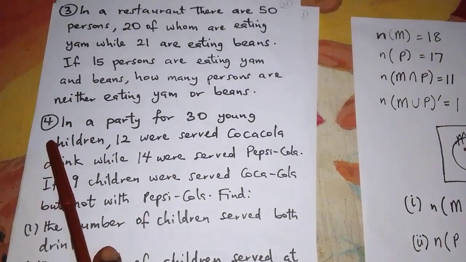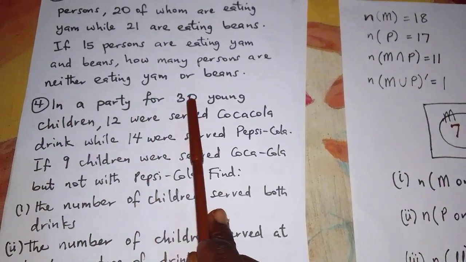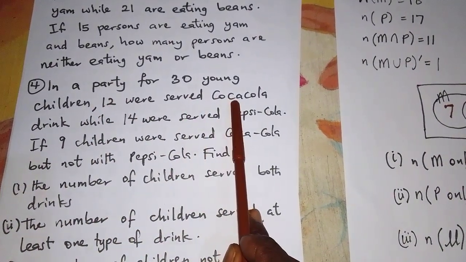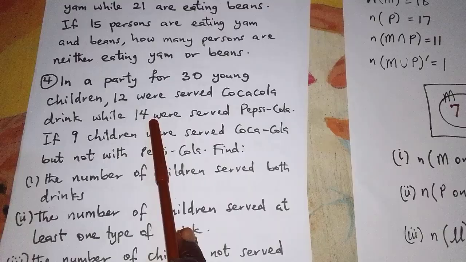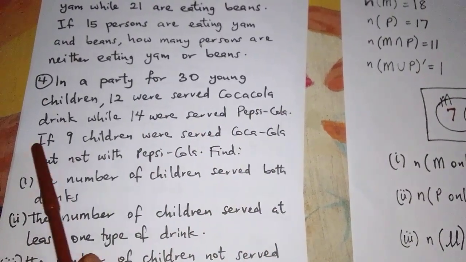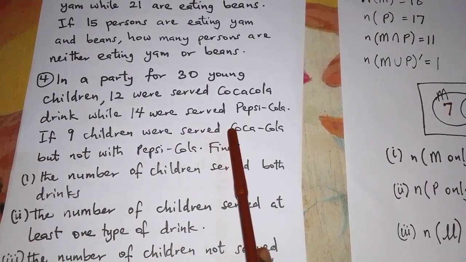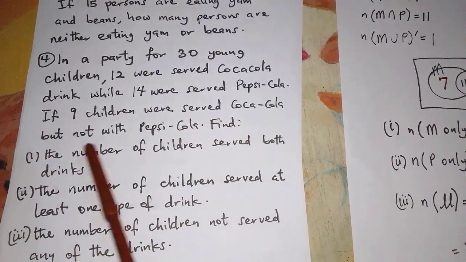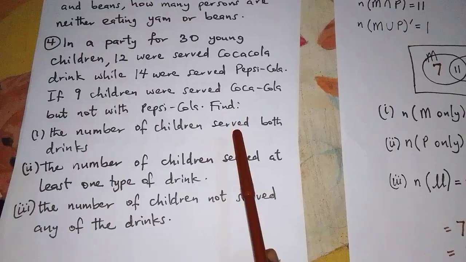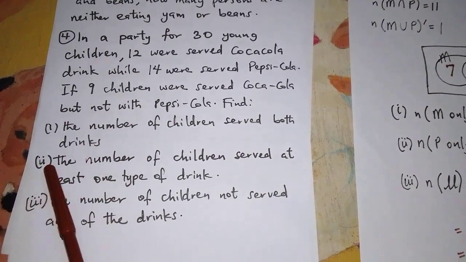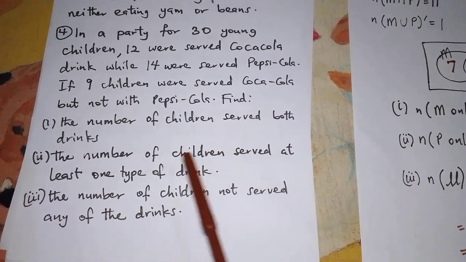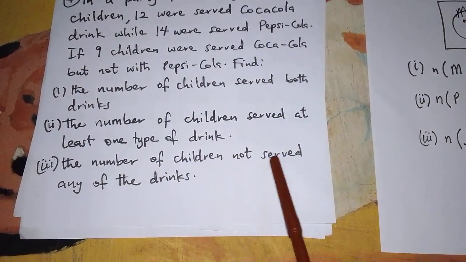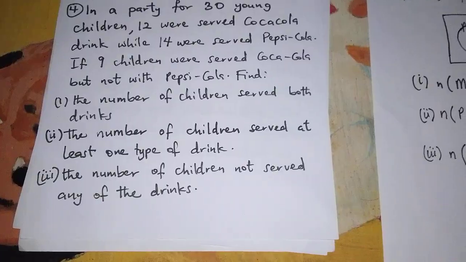Number 4, in a party for 30 young children, 12 were served Coca-Cola drink, while 14 were served Pepsi-Cola. If 9 children were served Coca-Cola but not Pepsi-Cola, find 1, the number of children served both drinks. 2, the number of children served at least one type of drink.